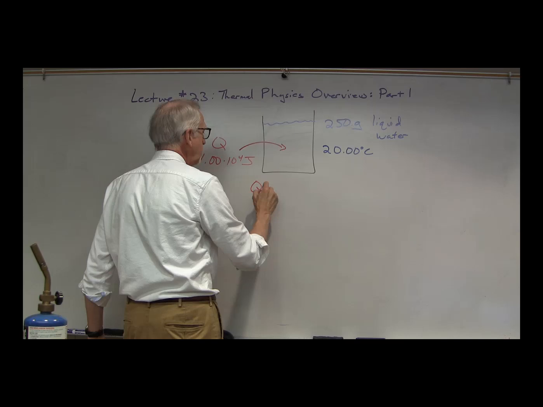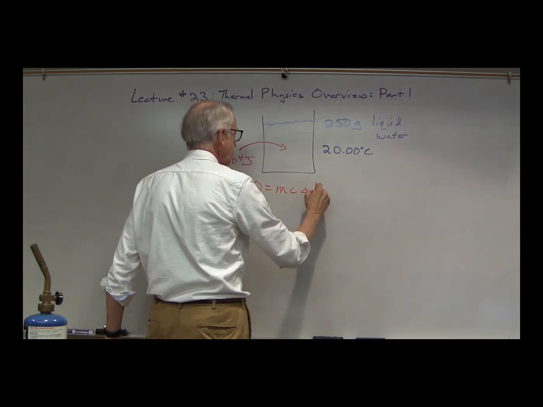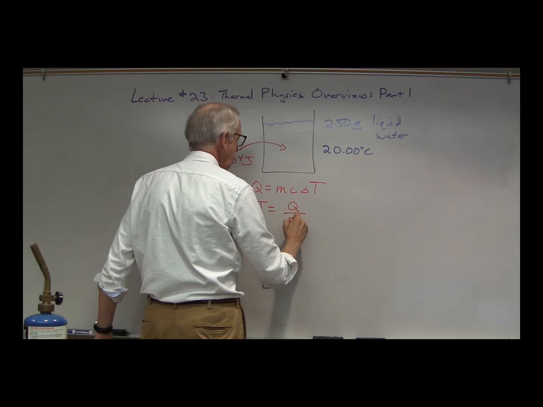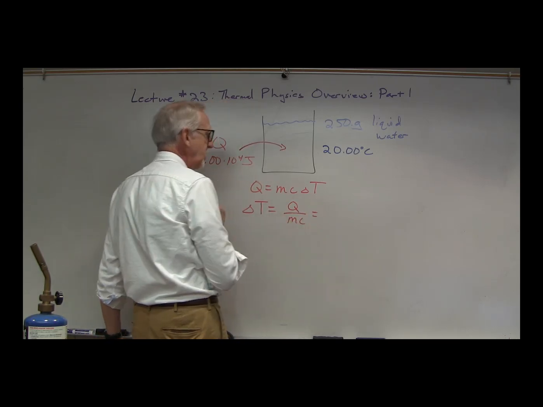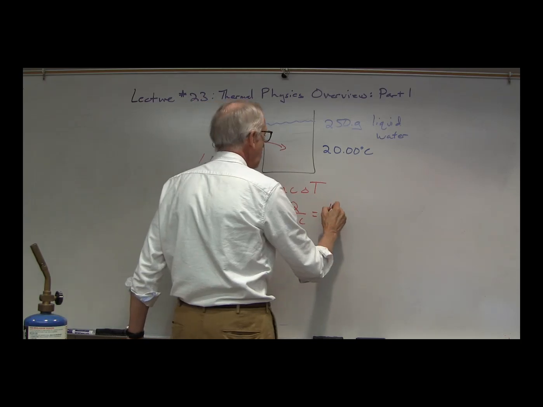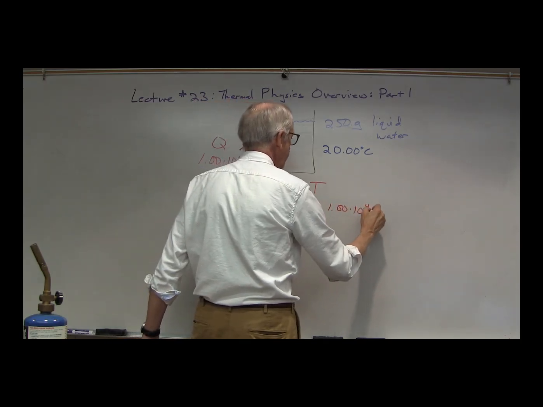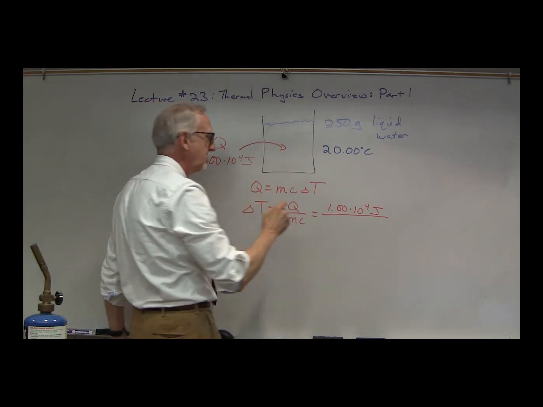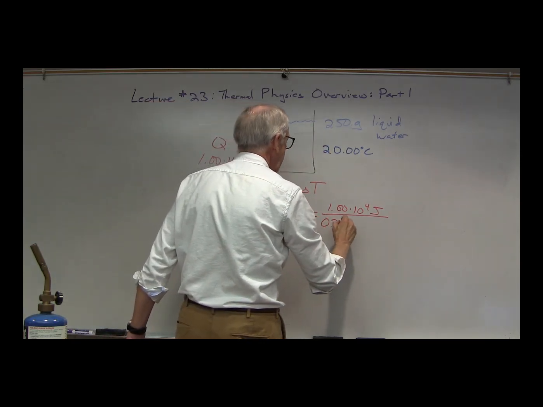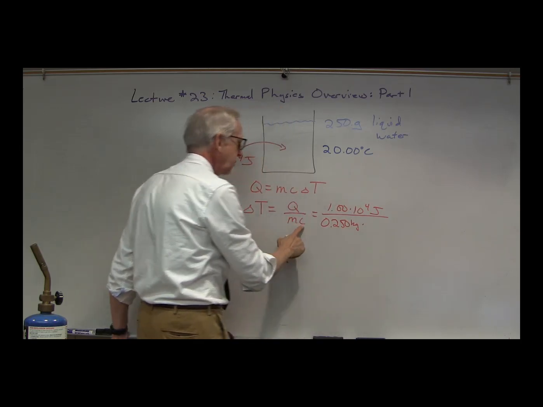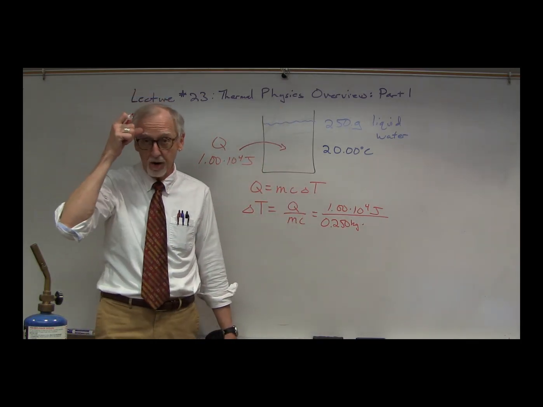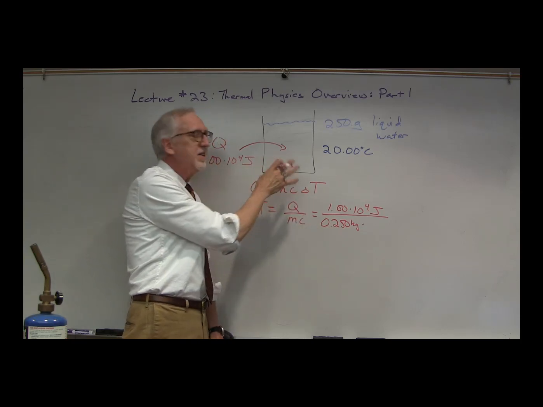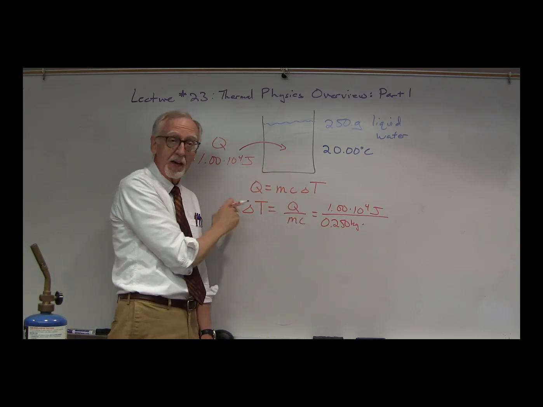We know that Q equals mc delta T. Delta T is then Q over mc, which is 1.00 times 10 to the 4th joules over the mass. We'll put this right into SI units: 0.250 kilograms times C, the specific heat of water.